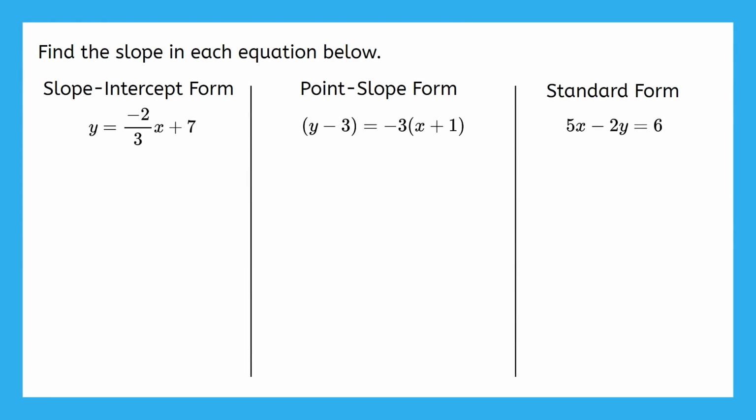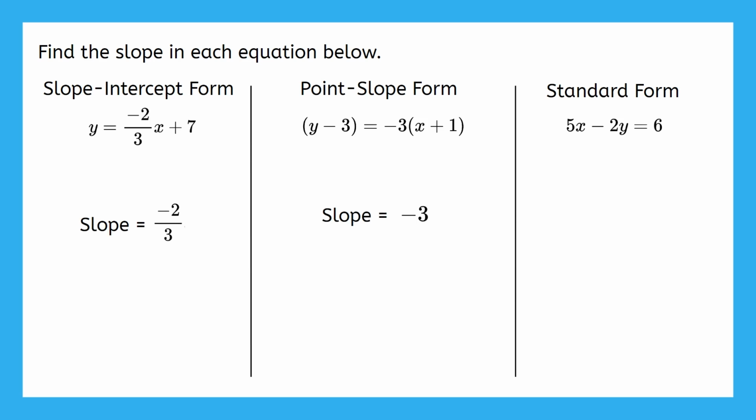Let's do some review together quick. Here are 3 equations of lines. One's in slope-intercept form, one's in point-slope form, and there's one in standard form. Take a moment now to manipulate these equations to find each of their slopes. Slope-intercept form and point-slope form make finding the slope easy, because it's right there in the equation.